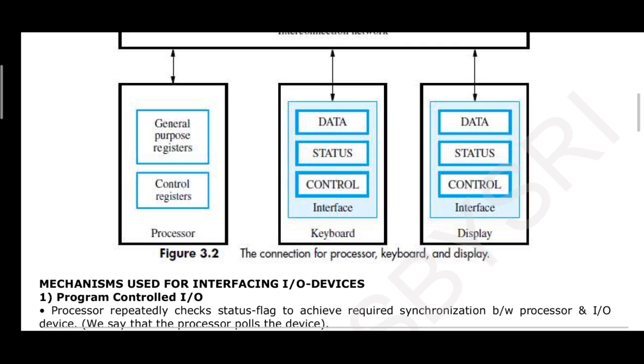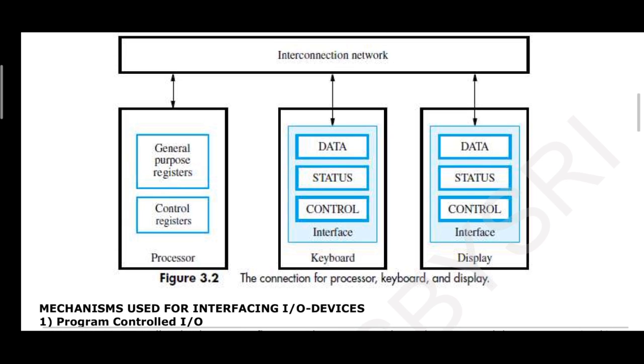Here the IO interface circuit diagram is shown. The processor contains various registers, general purpose registers and control registers, or you can just mark it as the processor. Then there are the keyboard and display. The updated diagram we considered earlier has the keyboard and display with one register each, data in and data out: data in with respect to the keyboard and data out with respect to the display.